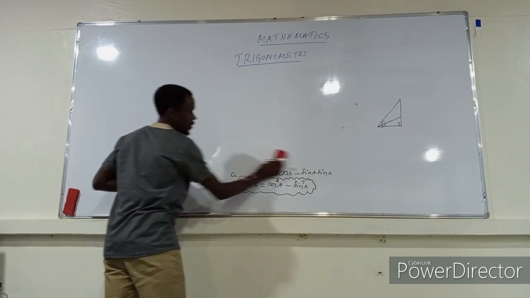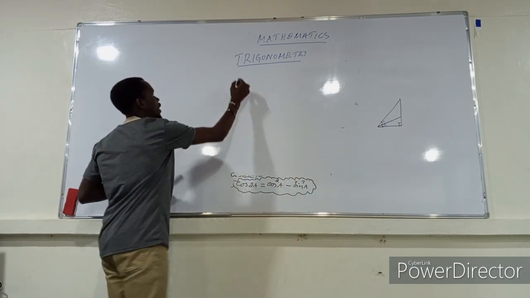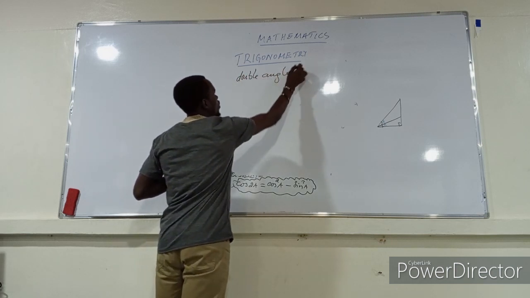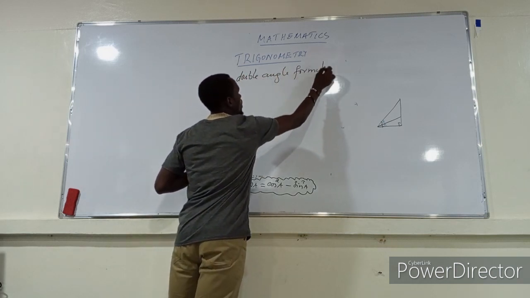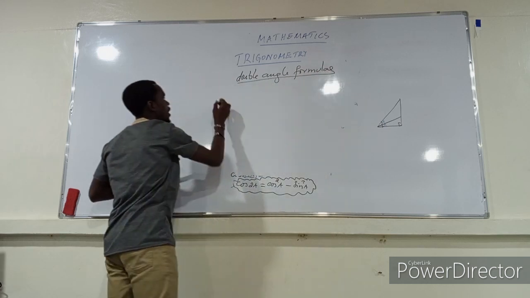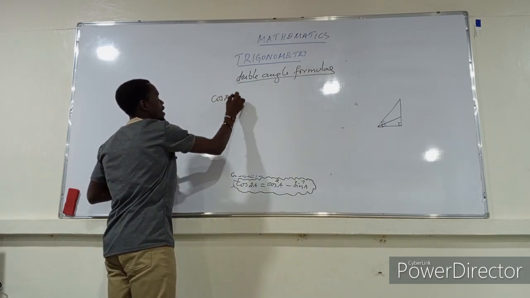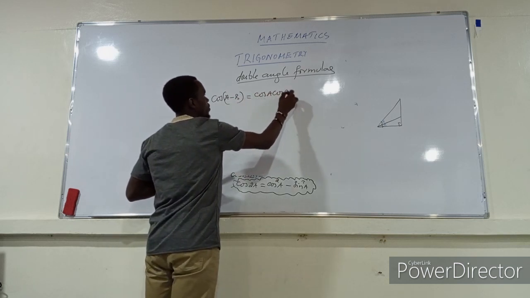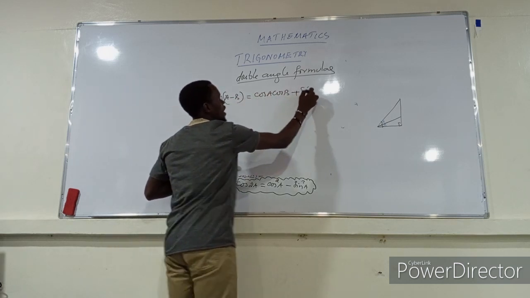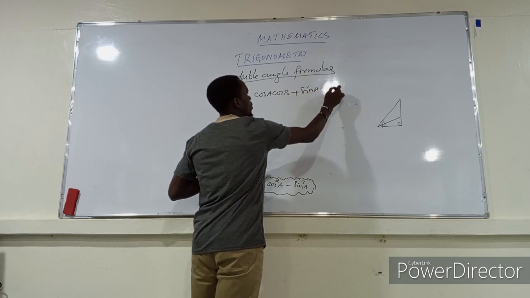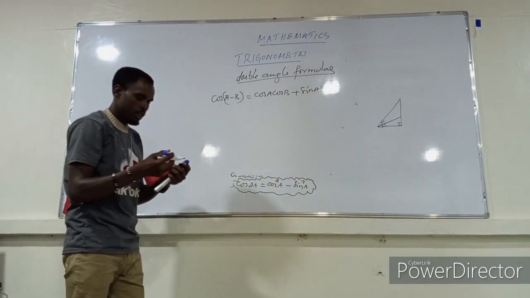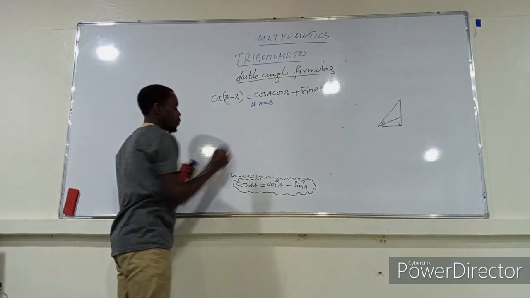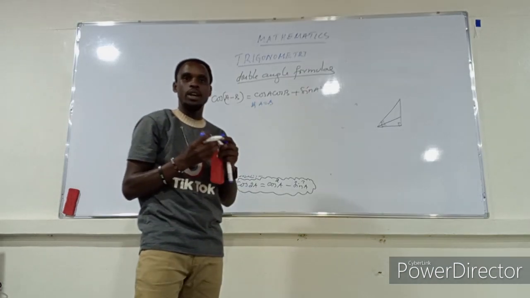Remember that we are talking about the double angle formula. Knowing that cosine of A minus B is equivalent to cosine of A, cosine of B plus sine of A, sine of B. And then let us say that if A is equivalent to B, this means that A and B are the same.